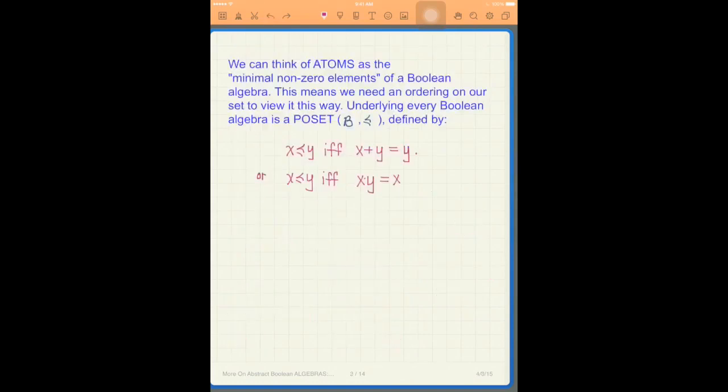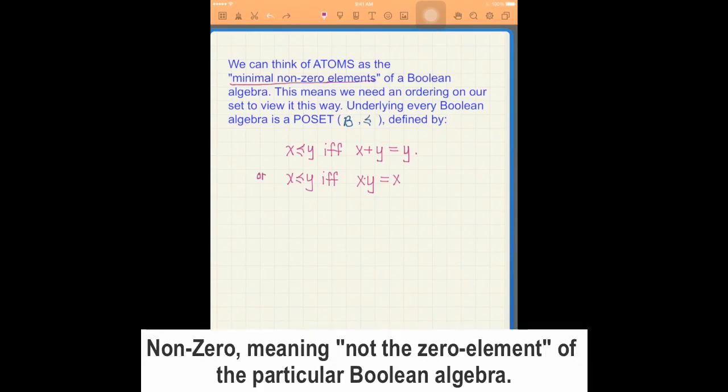So we can think of atoms as the minimal non-zero elements. When I was saying smallest as possible, it's really thought of as the minimal, and again, non-zero, we have to remember that, elements of your Boolean algebra for those building blocks. So if you want to impose that word minimal, that means we need an ordering on our set.